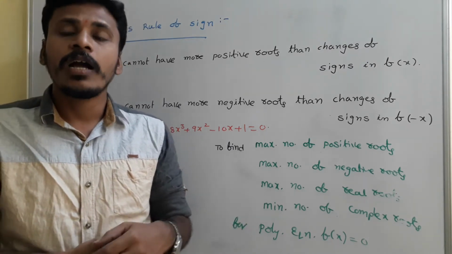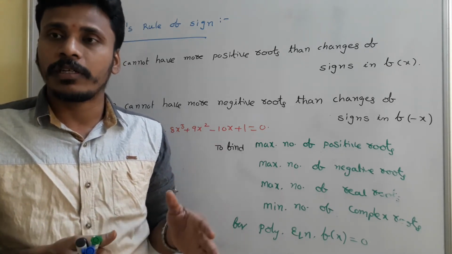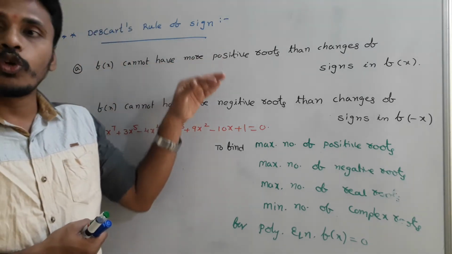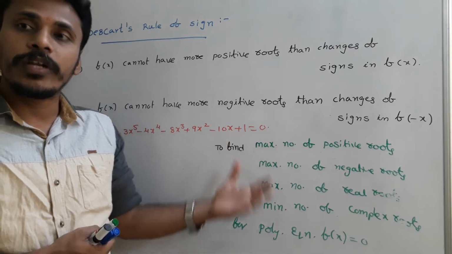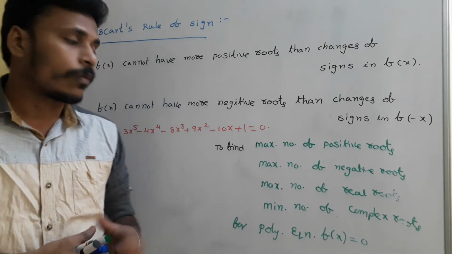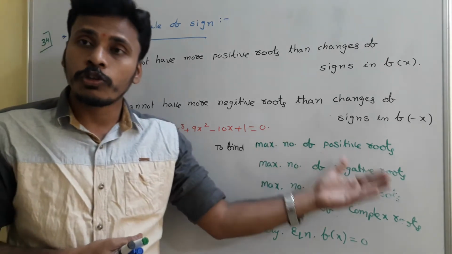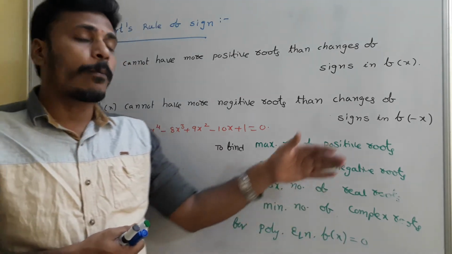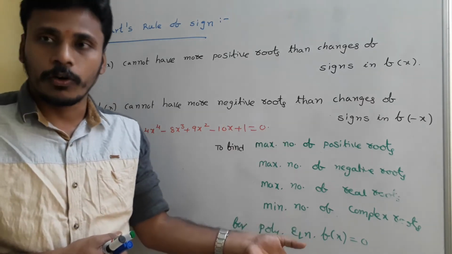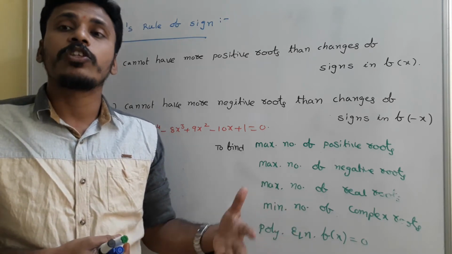There is a proof for this Descartes rule, but at present the proof is not mandatory for us. So directly I am giving you the rules, and using those rules we are going to find the maximum number of positive roots of an equation, the maximum number of negative roots, the maximum number of real roots, and the minimum number of complex roots. The maximum number of real roots is not exact.